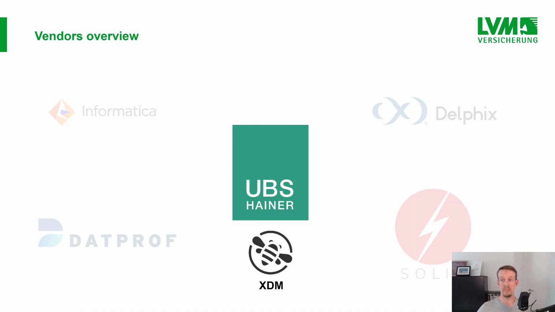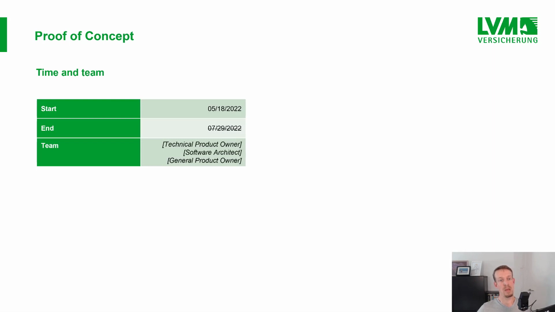So according to the plan, we started a proof of concept. Let me show you some details. We started on the 18th of May in 2022, and originally it should have ended on the 29th of July in 2022. We ran it with 3 people: a technical product owner, a software architect, that was me, and a general product owner.